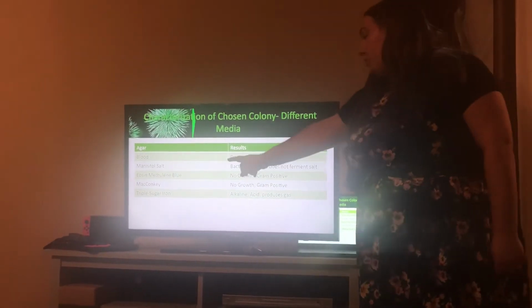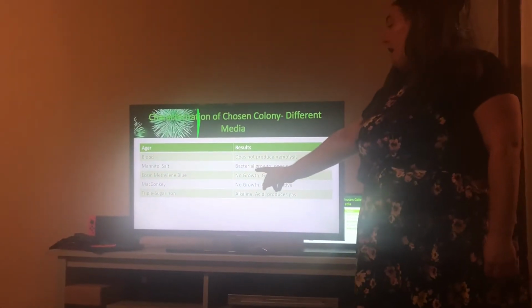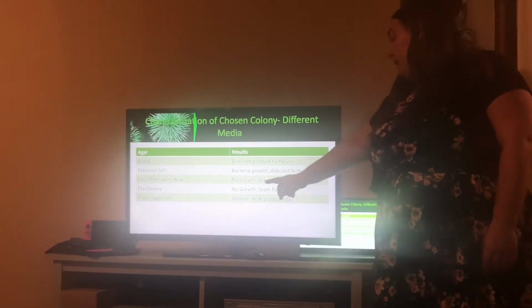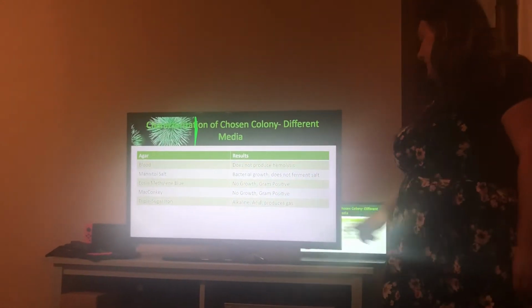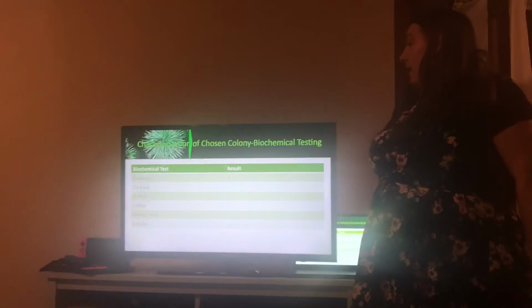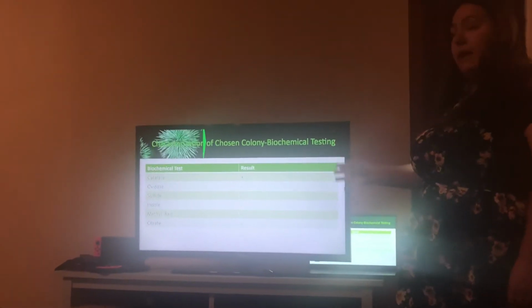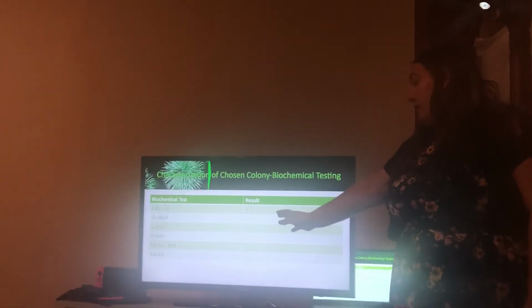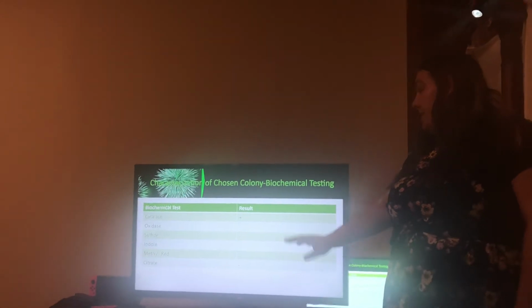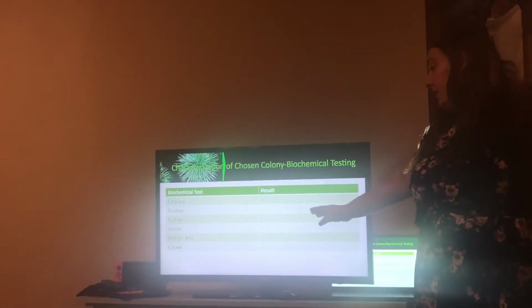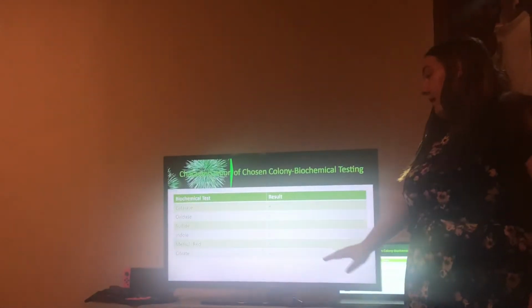And then the triple sugar iron agar, it was alkaline, acid, and produces gas. Looking at the biochemical testing, it was catalase positive, oxidase negative, sulfide negative, indole negative, methyl red negative, and citrate negative.